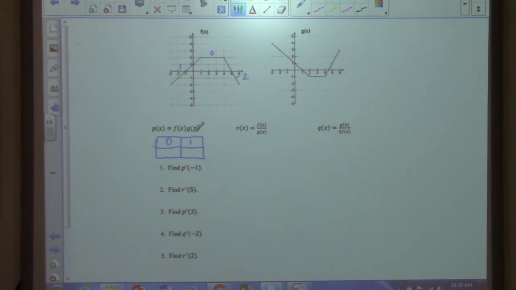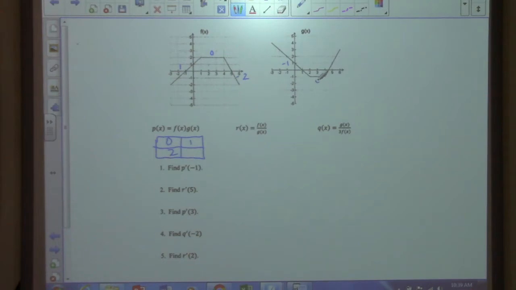And now we go over here to look at g, and g of -1 is 2. Is that 2 right there? I think so. And then where's our slope here? Looks like slope is -1.